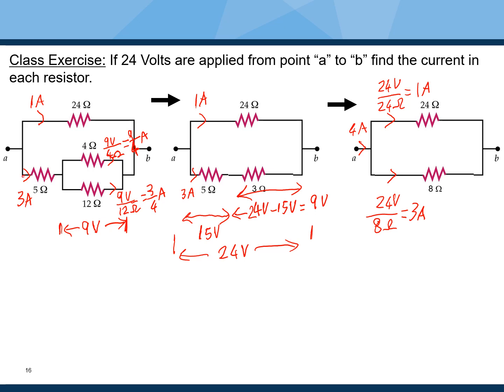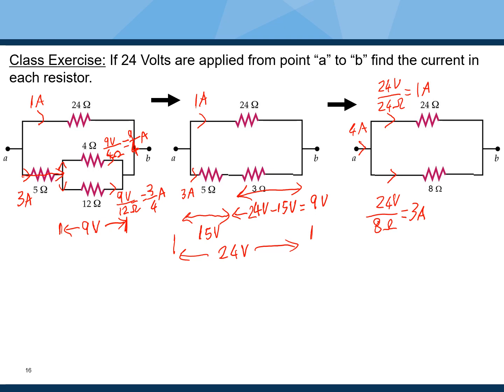So the 3 amperes that is going through the 5 ohm resistor is splitting into 2 parts, 3/4 of an amp going through the 12 ohm resistor and 9/4 of an amp going through the 4 ohm resistor. So this gives us an entire solution of all the voltages as well as all the currents through each and every part of this circuit.